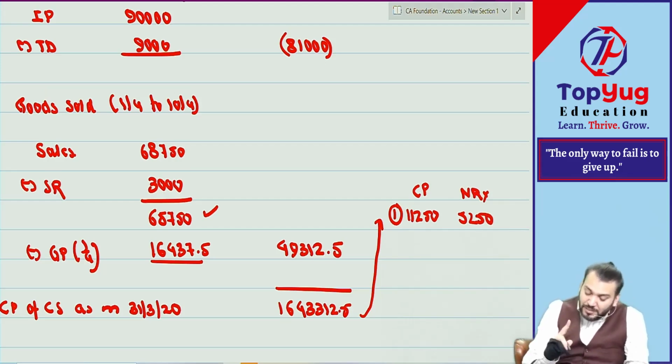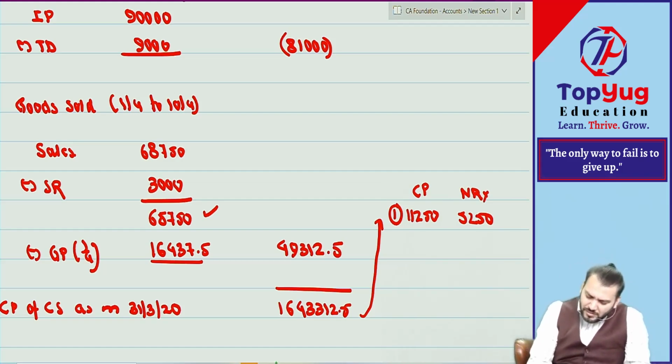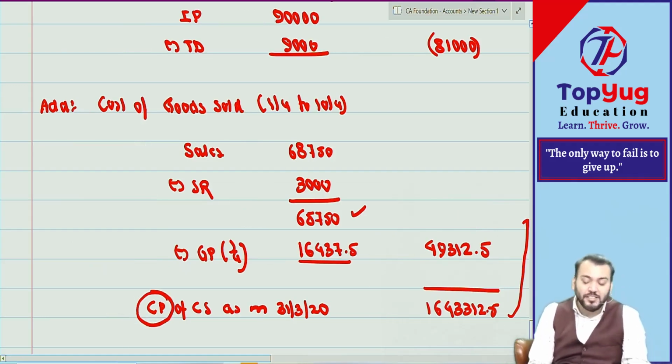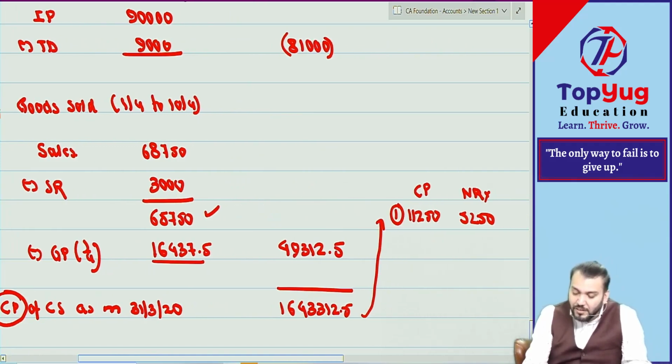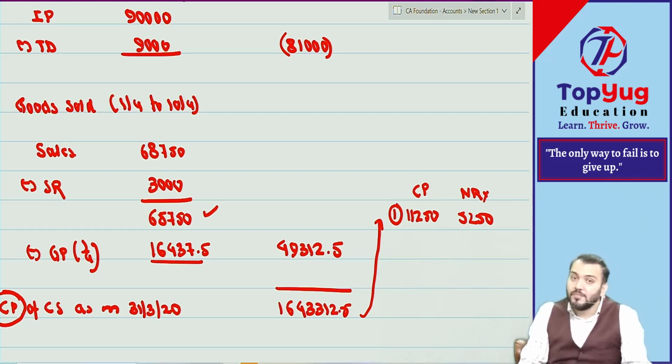So tell me, does 16,43,312 include 11,250 or 5,250? Just try to understand what I am saying. This is cost price, so cost price will include 11,250. But how much should be included? 5,250. So how much extra is included? 6,000. So we should deduct 6,000.